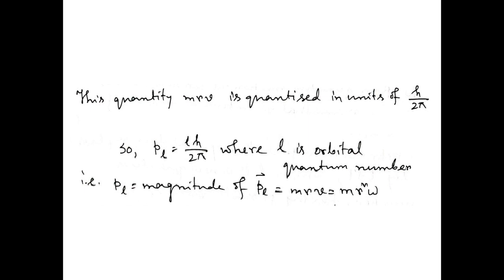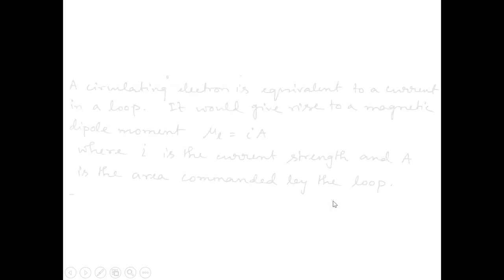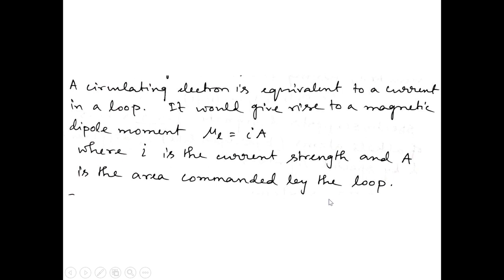So it is some numerical value which will be the weightage factor of h by 2 pi. For the same reason, P_L should be some numerical value of h by 2 pi, and that numerical value for P_L is L, which is known as the orbital quantum number. Now, a circulating electron is equivalent to a current in a loop.